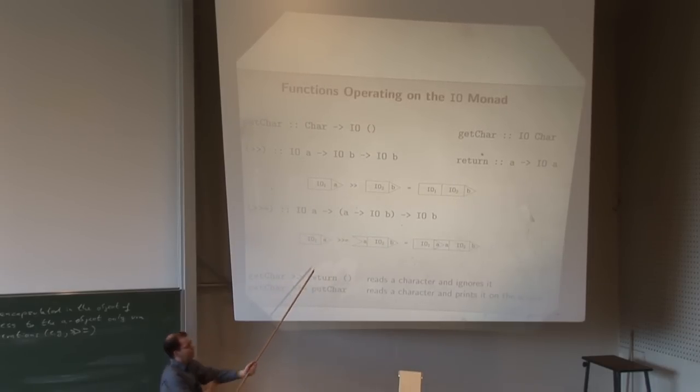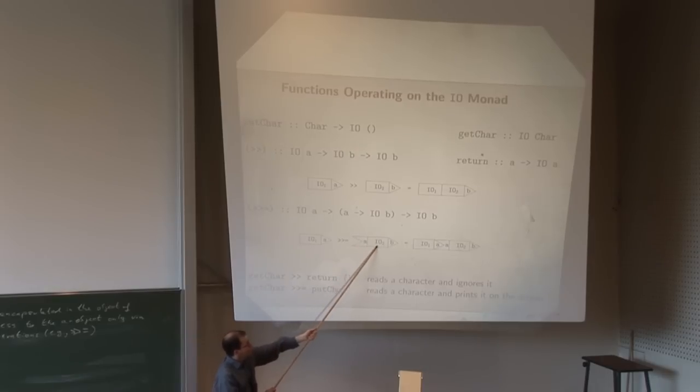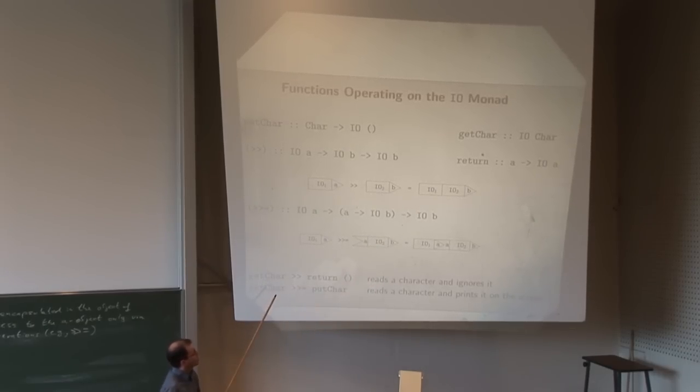During this action, a value A is determined or encapsulated. And then the second action, IO2, might depend on this value A of type A, which was determined here. So depending on this value A, different actions might be performed, and during these actions, a value of type B is determined. So you can depict it like this.